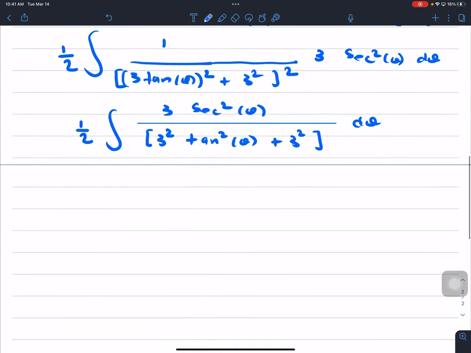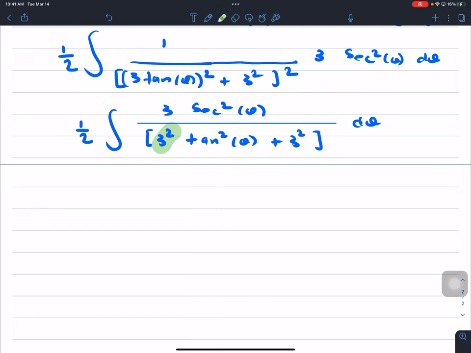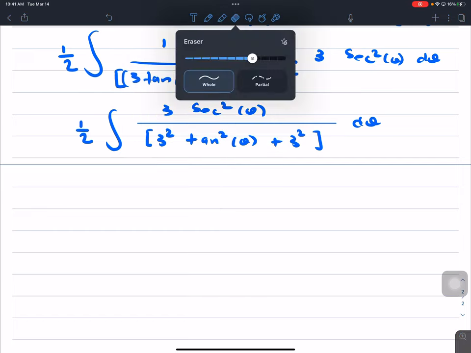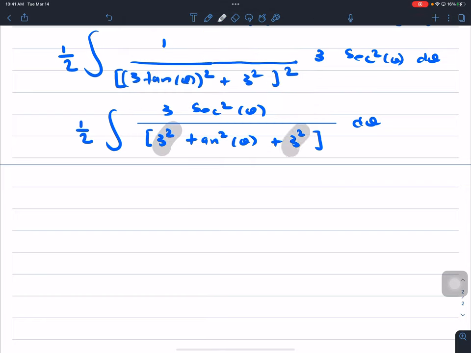And then what could you guys do with this 3 squared constant? Okay, see that 3 squared? What could you do with that? Can't we factor out by algebra? Right? We get what? 1/2 now. I'm going to integrate. This will be now what? 3 secant squared theta d theta, secant squared theta now.